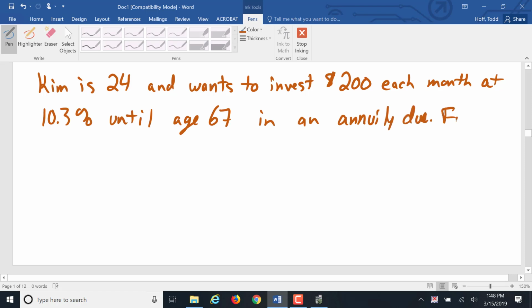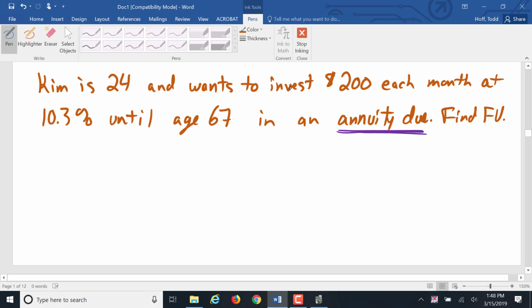I'll find that future value. The key word here is annuity due. If we're not told specifically that this is an annuity due, we assume an ordinary annuity and we calculate just like we have in the previous videos.